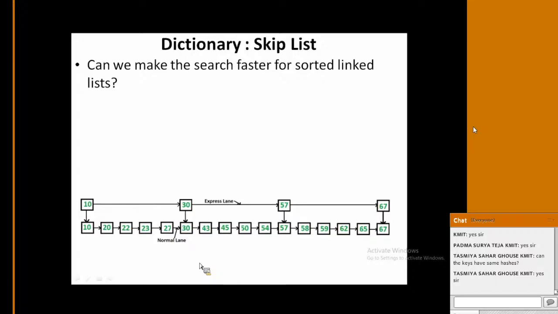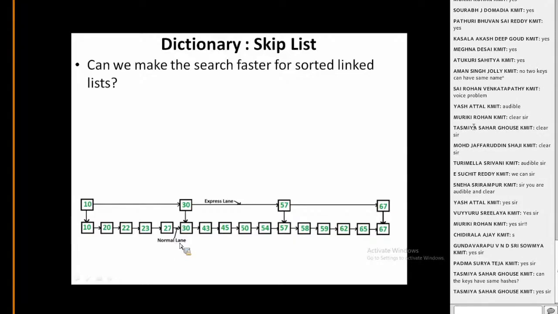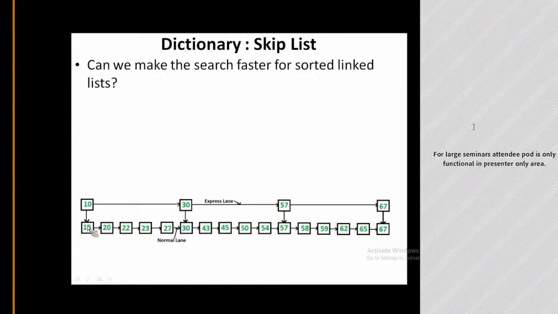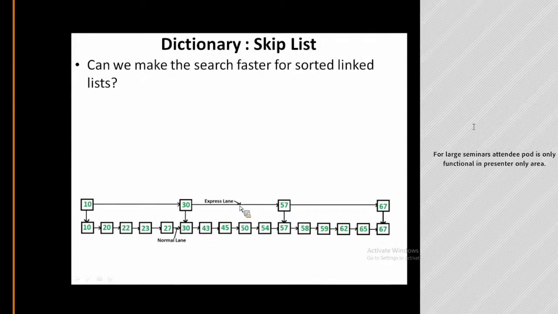If you want to go faster, it is better to take the metro, because you know that every 5 minutes a train is going to come on the route, whereas the MMTS frequency is not that good. So the metro is an express lane, whereas the MMTS is a normal lane. Therefore, I called it the express lane. Both lists are sorted in ascending order.